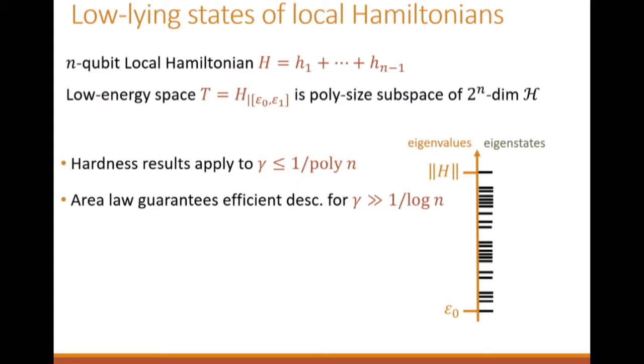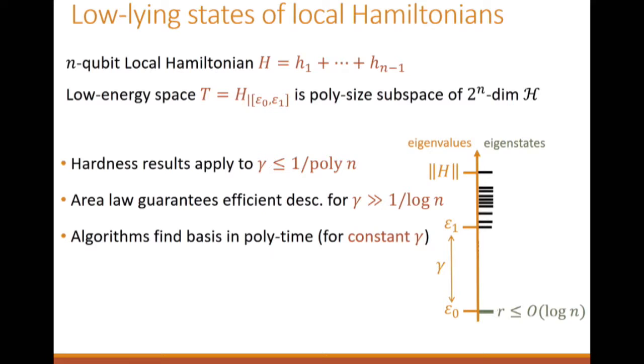Now, if you guarantee a slightly bigger gap, at least let's say 1 over log, then the area law kicks in and tells you that an efficient representation exists. And if you assume an even bigger gap, then our algorithm, or the extension by Chubb and Flammia, kicks in, and then not only is there an efficient representation, but you can find it in polynomial time.